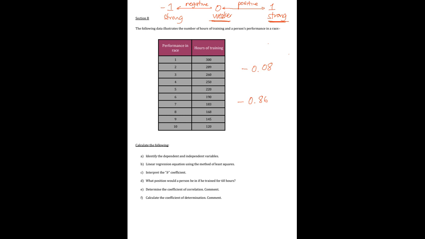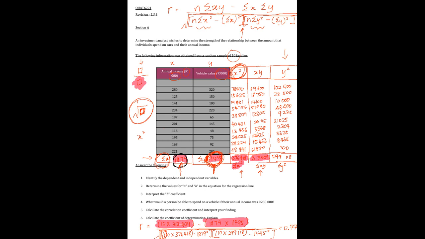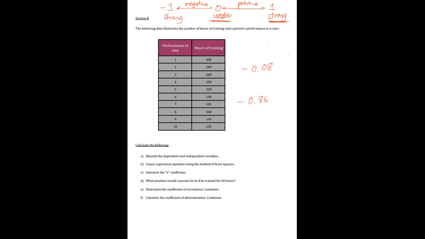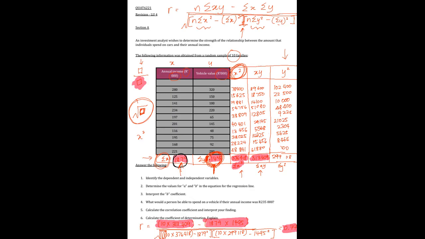Okay, so in this case, our answer is 0.77. So firstly, it is a positive value, and then it's closer to 1 than it is to 0. So that would mean it is a strong positive correlation, or that there's a strong positive relationship between the variables.